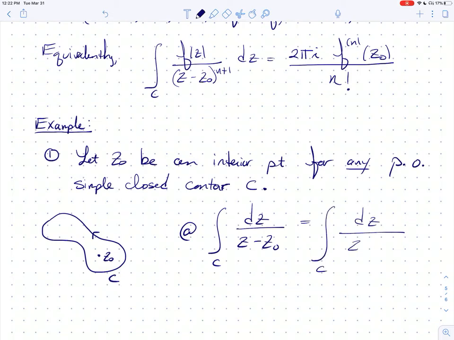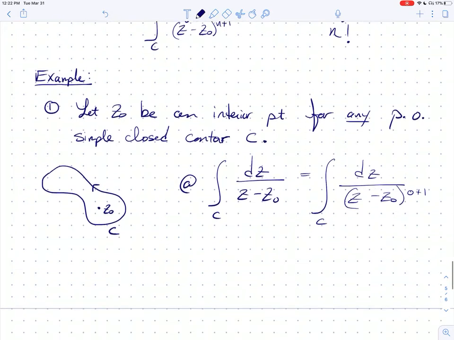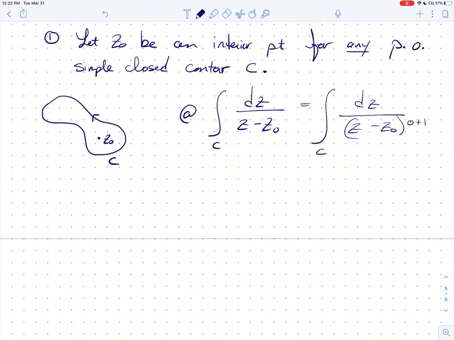So this is dz over z minus z naught to the 0 plus 1. That means my n is just 0. So by the generalized Cauchy integral formula, this is 2 pi i, the 0th derivative of f evaluated at z naught, all over 0 factorial.